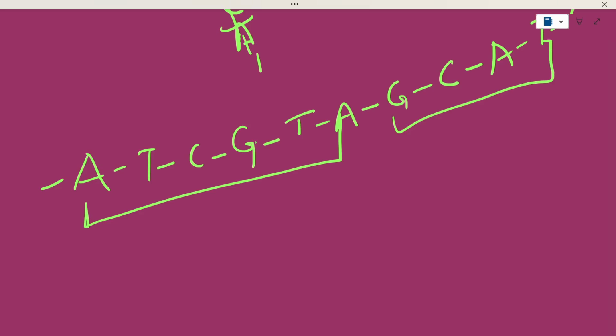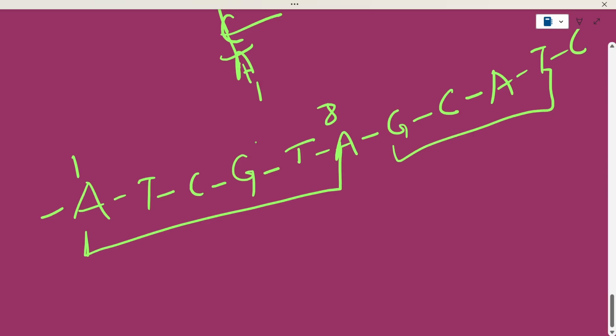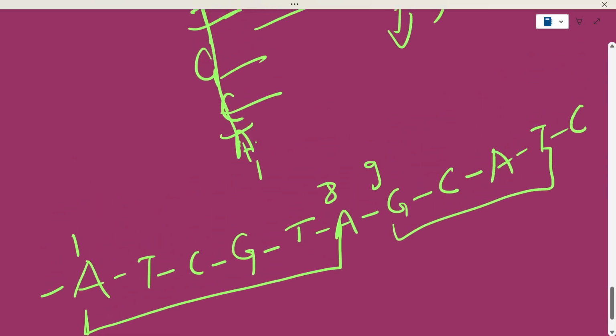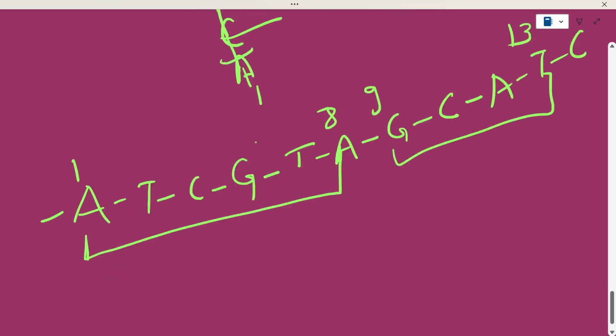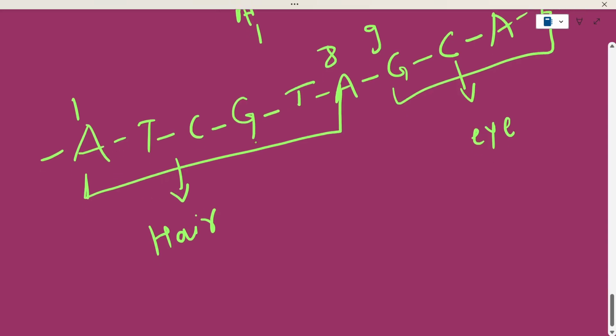So let's say this section you may number from 1 to 8 and this from 9 to 13. So this particular section codes for hair and this section codes for eye.